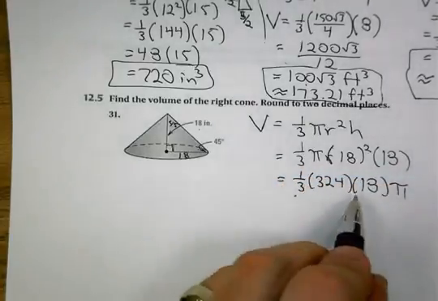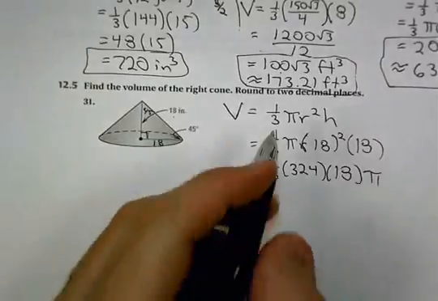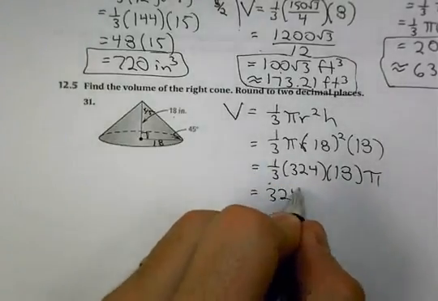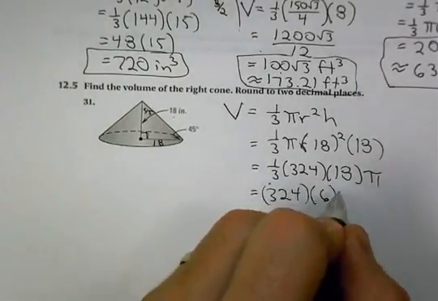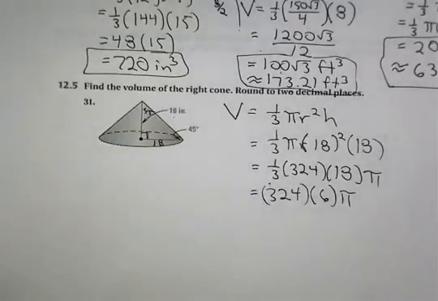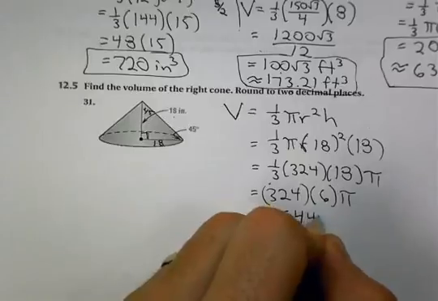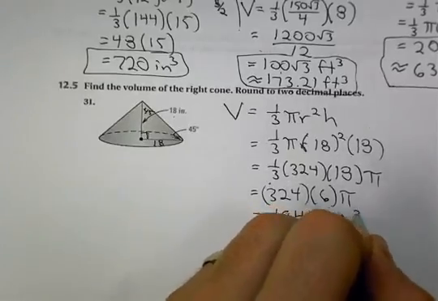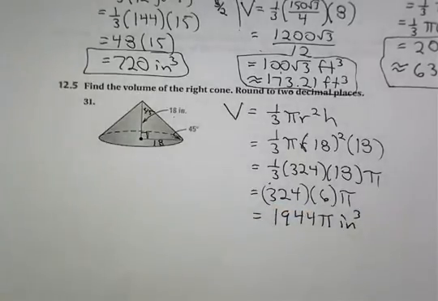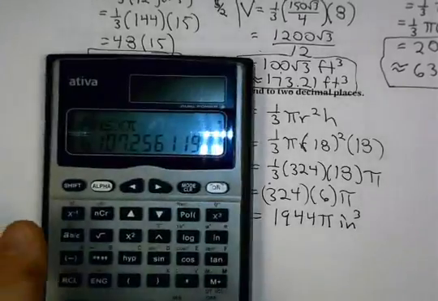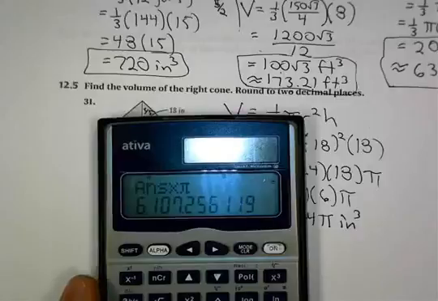How about I take a third, or divide 18 by 3? I get 324 times 6. 324 times 6 gives me 1,944 pi inches cubed, and we can multiply then that by pi, and we get, it's approximately 6,107.26, we'll round to.